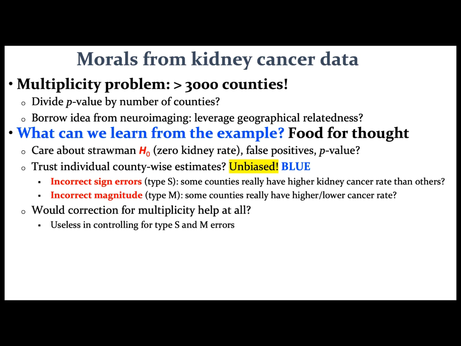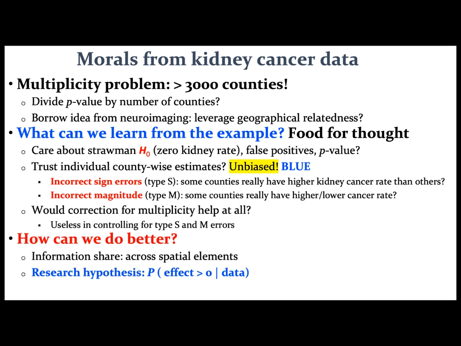By changing that focus, we don't need to do multiple comparison. What can we do? How can we do better? Well, we know all those counties in the U.S. share something in common, so we can build one model instead of treating each county as an isolated entity. We can do some information sharing. With that one model, we focus on a research hypothesis instead of a so-called null hypothesis.